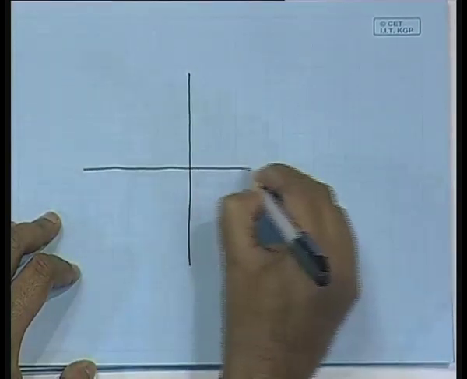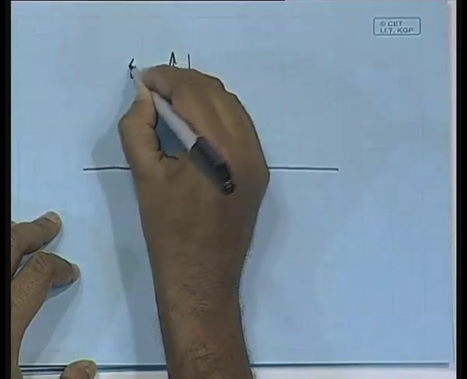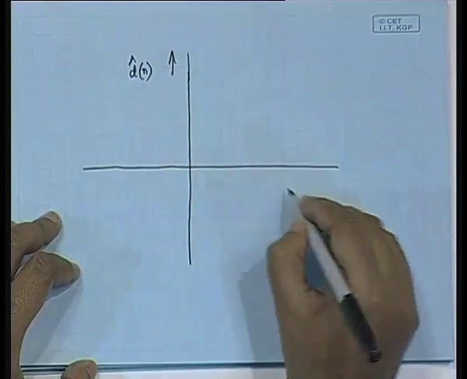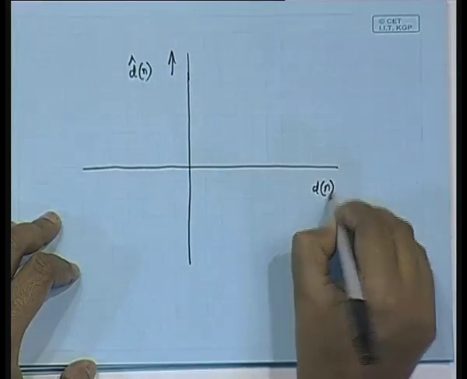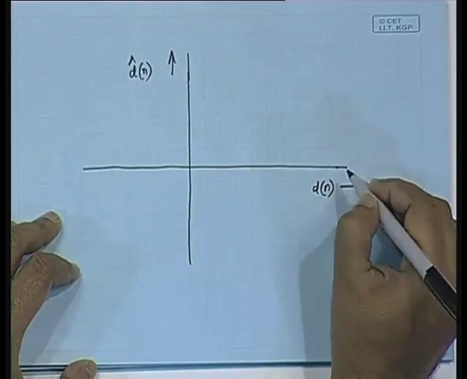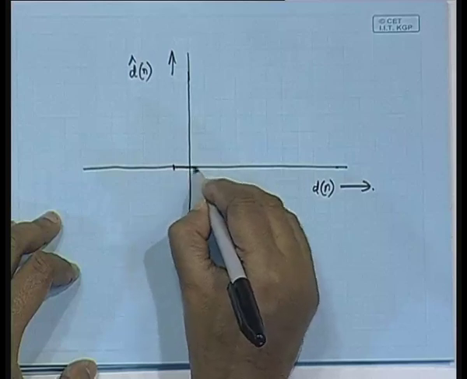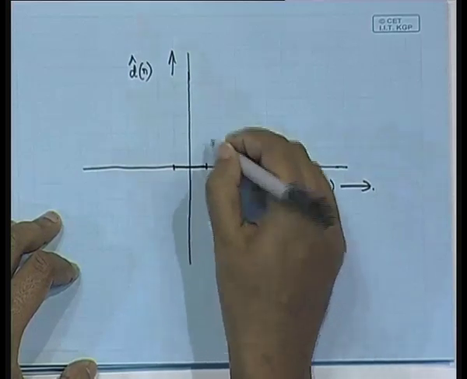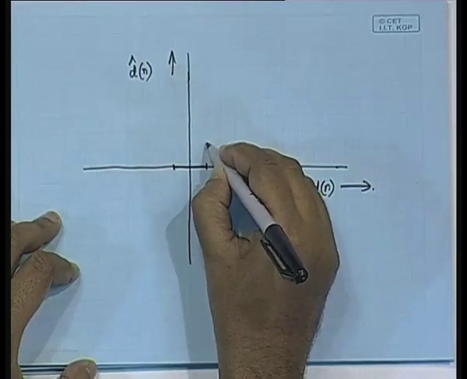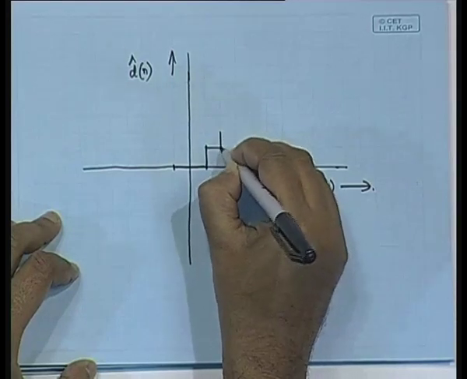So on the y axis, if we show d cap of n, and on the x axis if we show d of n, now let us say that if we are having a mid-tread quantizer, then the quantizer performance could be like this.